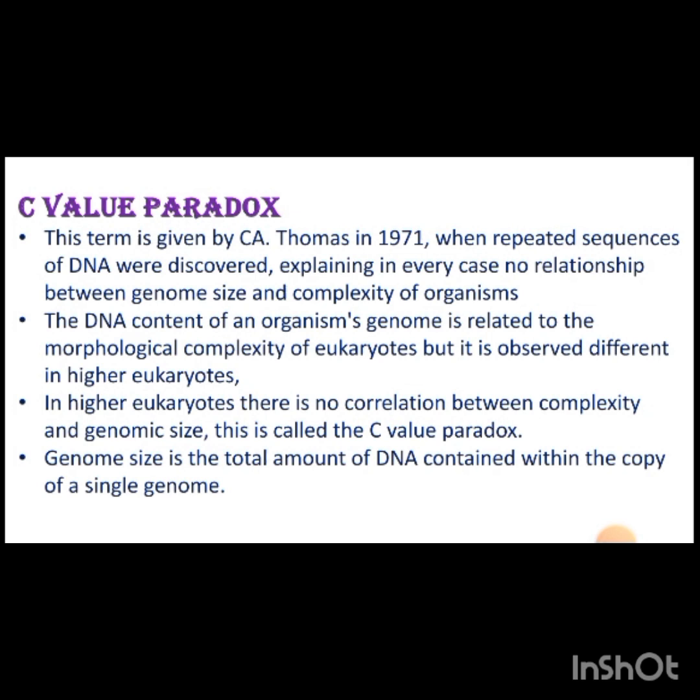The DNA content of an organism's genome is related to the morphological complexity of eukaryotes, but it is observed differently in higher eukaryotes. In higher eukaryotes, there is no correlation between complexity and genomic size. This is called the C-value paradox.